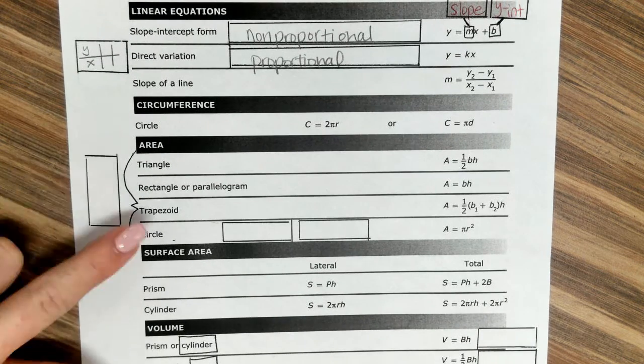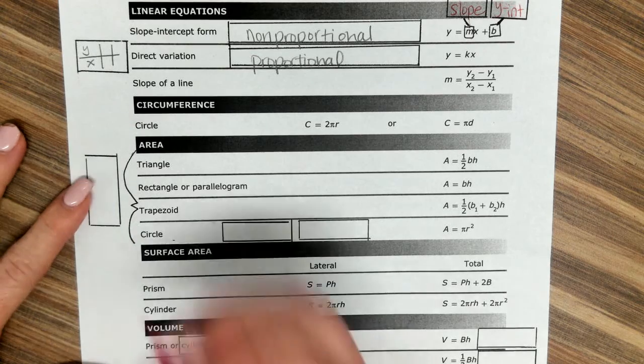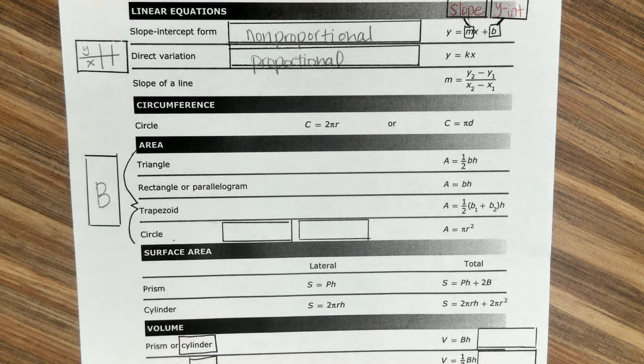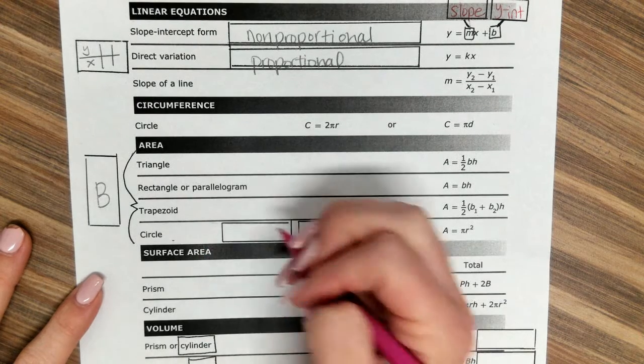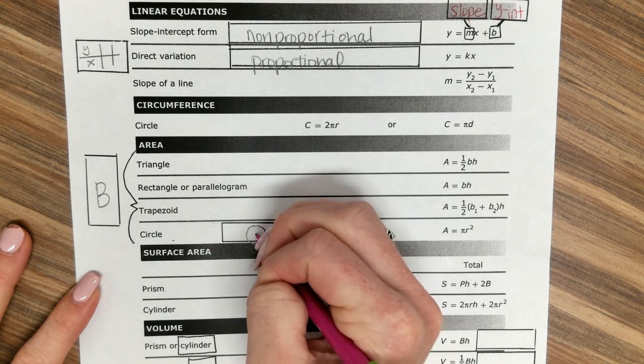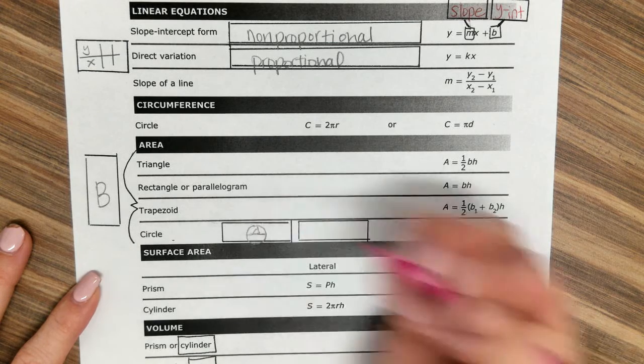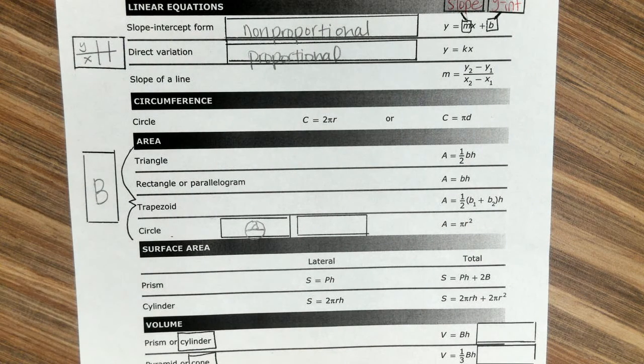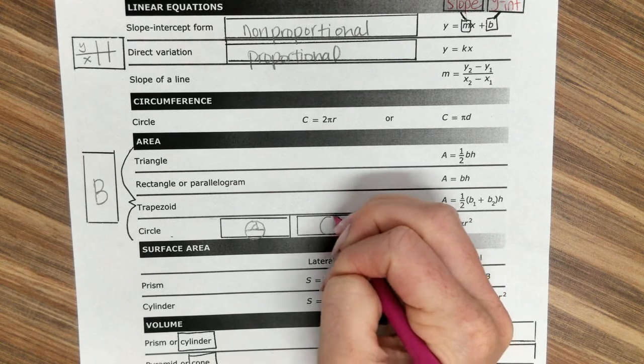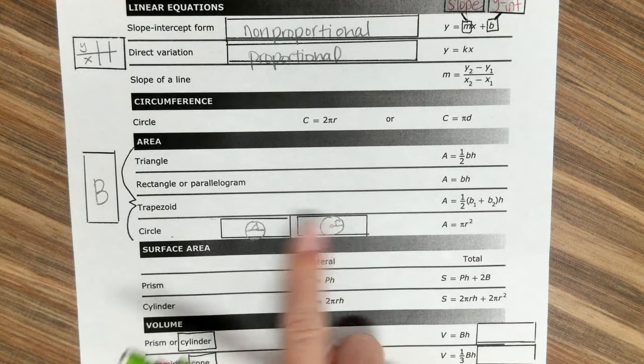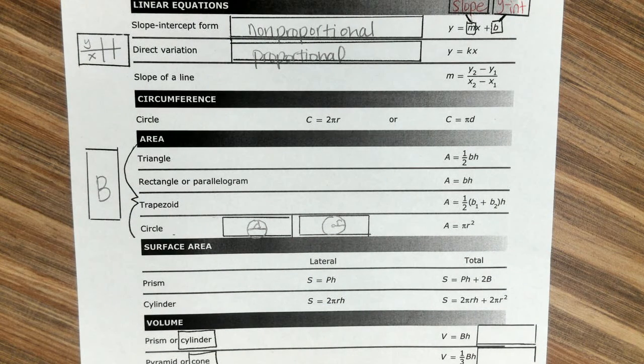Okay, the section titled area is how you solve for big B. For a circle, you were supposed to draw 2 circles, one with the diameter, and it doesn't matter which order you put it in, as long as one is labeled correctly: all the way across is the diameter, and halfway across is the radius. But I don't care which one you put in which box. That doesn't matter. Just make sure all the way across is the diameter, halfway across is the radius.